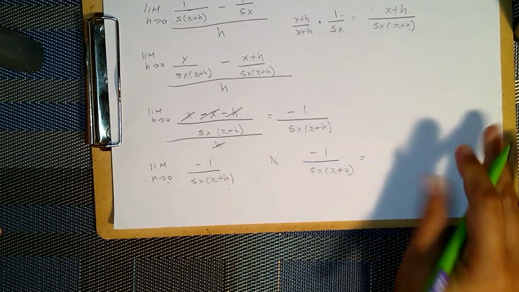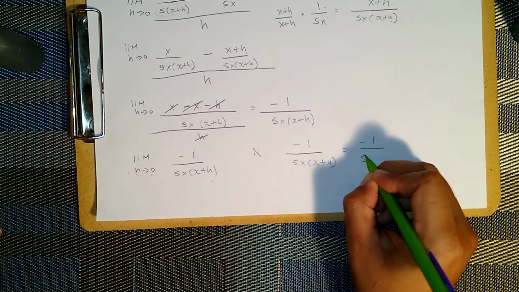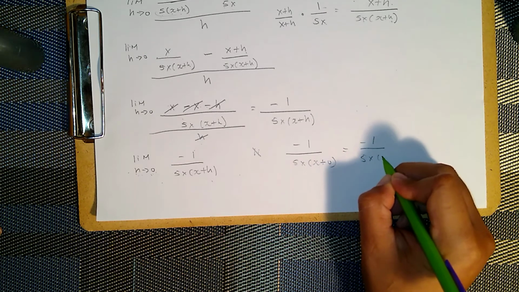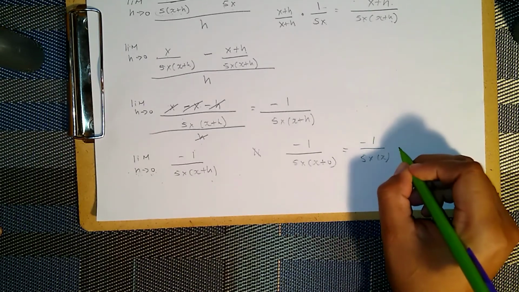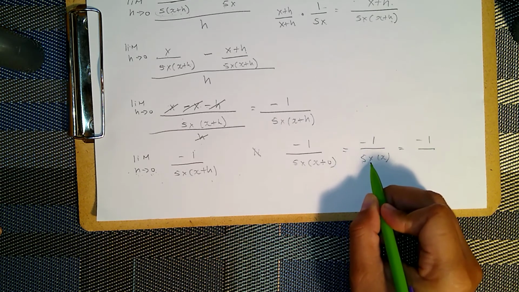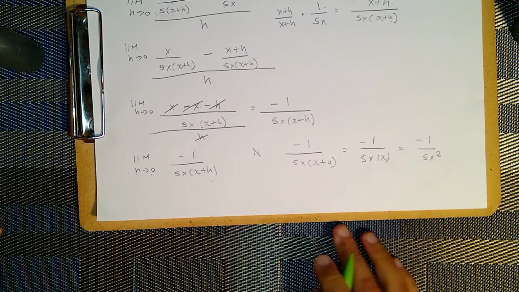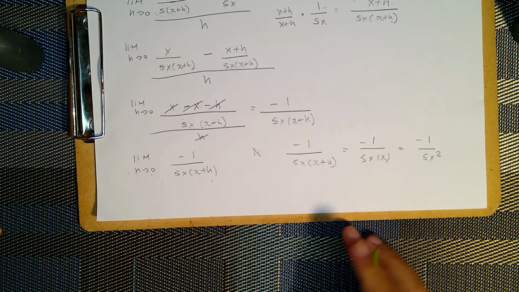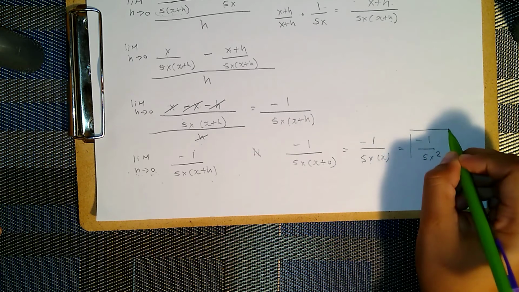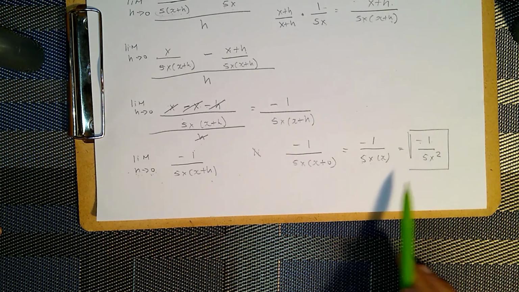And that will give you negative 1 over 5x times x. That'll be negative 1 over 5x times x, which is 5x squared. Your answer is negative 1 over 5x squared.